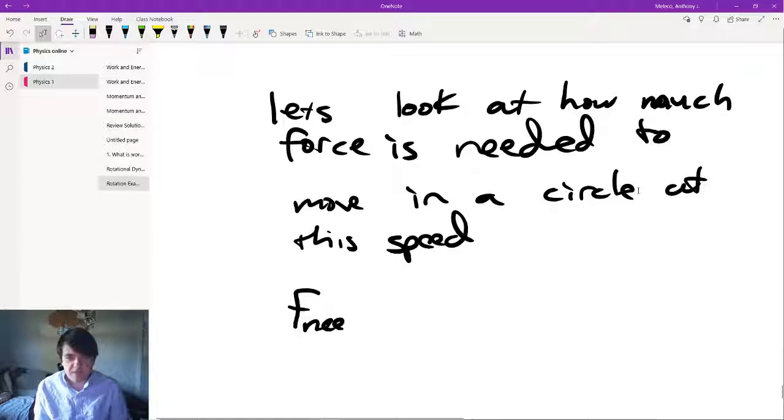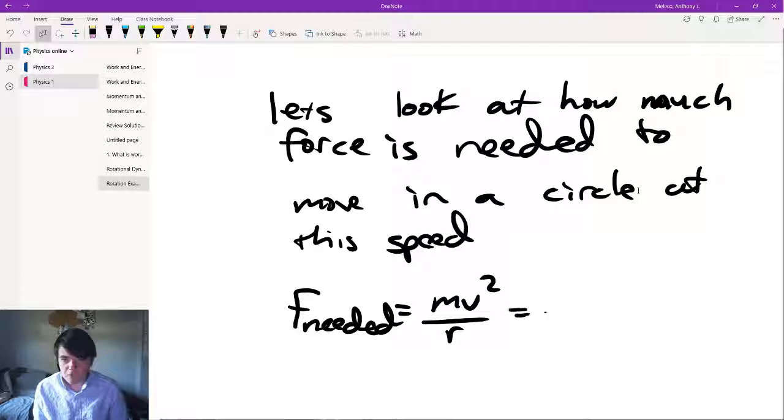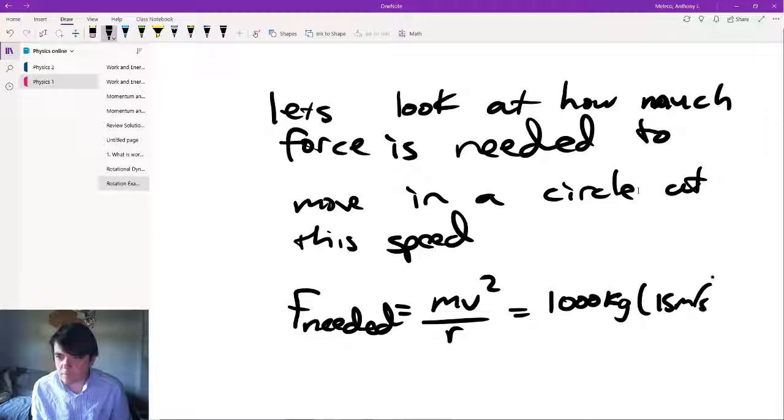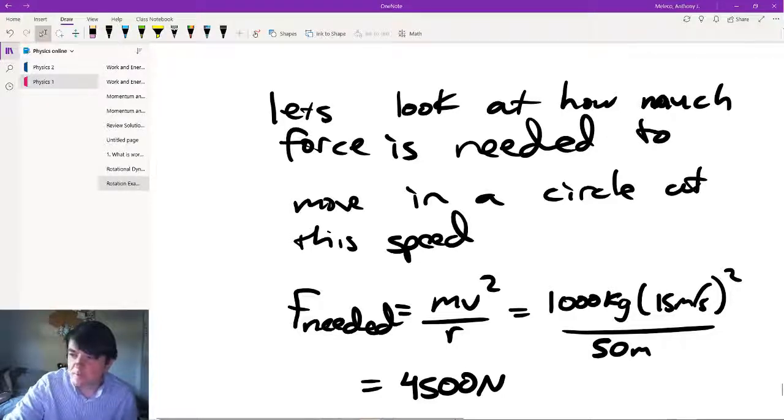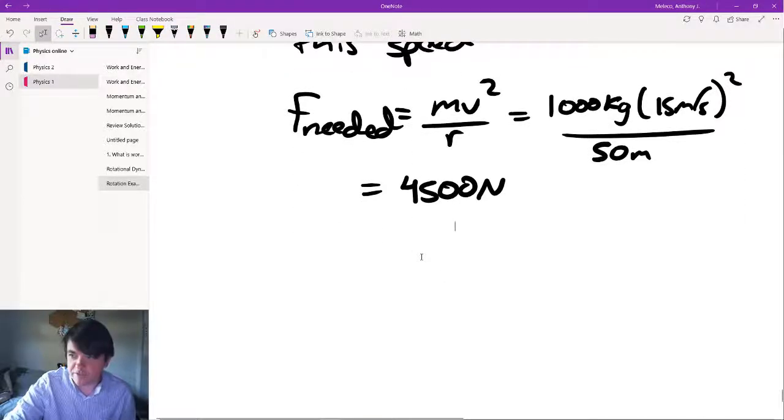The force needed is mv squared over r, which equals 1,000, sorry, I was like 10,000, that's a lot. 1,000-kilogram car. It's actually kind of small, I think. Or maybe it's typical. 1,000 kilograms times 15 meters per second squared over the 50 meters for the radius. And this yields 4,500 newtons on average to keep this going. So that's the force needed.